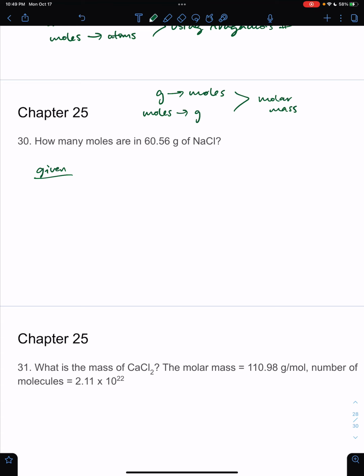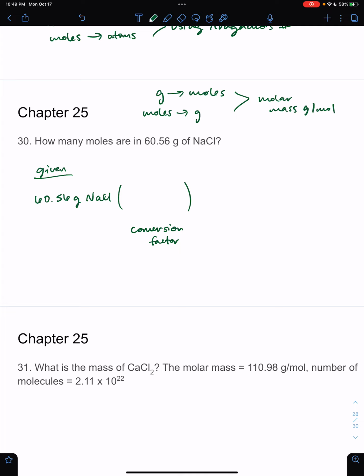So we're going to start with what we're given. We're given 60.56 grams of NaCl. So the conversion factor is going to be the molar mass that is in grams per mole, right?